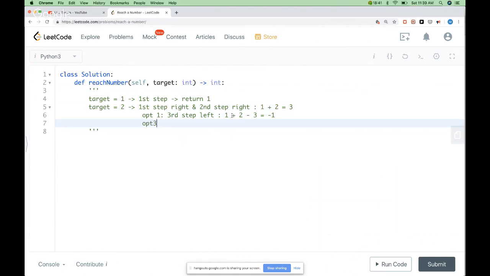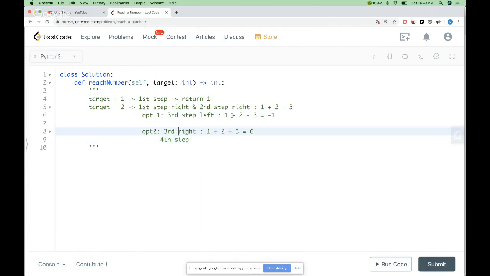The option 2 would be to continue the third step on the right. And that would mean we will do 1 plus 2 plus 3, which would be 6. Now, if we do this one and continue and do the fourth step to the left, that means we will do 1 plus 2 plus 3 minus 4, right?